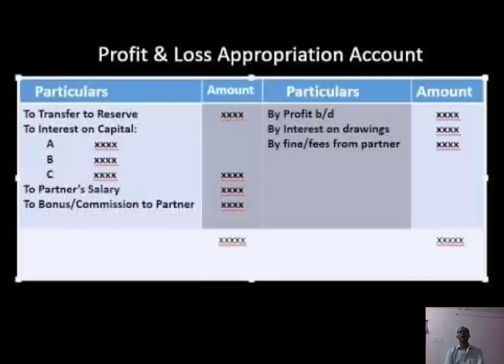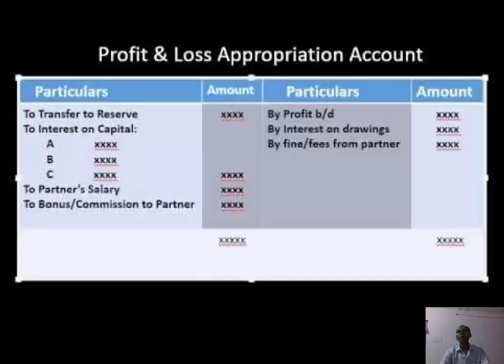So this is the format of the profit and loss appropriation account. Observe the format. See, credit side: profit, and again interest on drawings.